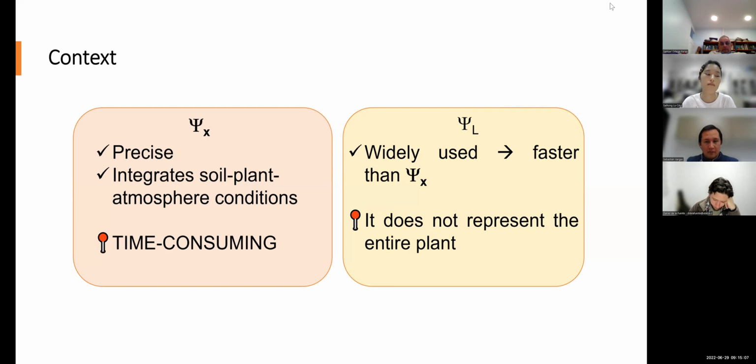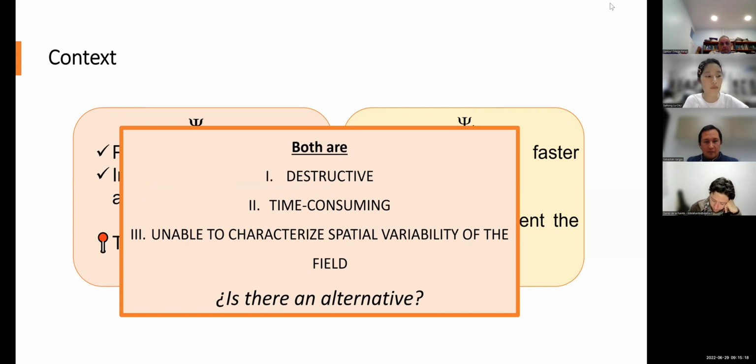But it has the disadvantage of not being able to represent the entire plant, given that it only represents the measured leaf. So, resuming, both of these methods are destructive, time-consuming, especially midday stem water potential, and they are unable to characterize the spatial variability of the field because they require a large number of measurements.